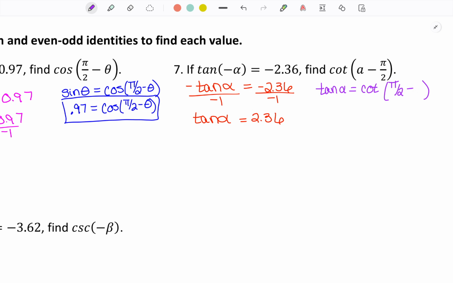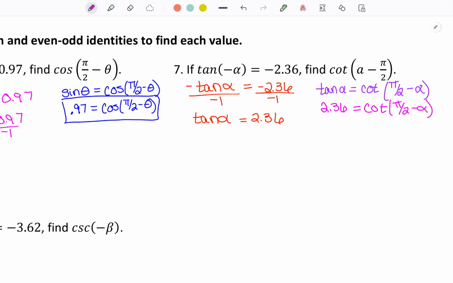Now, this actually needs to be alpha. But if you notice what we're asked to find and what our identity looks like, we have some sign issues to deal with. I'm going to go ahead and substitute. So that 2.36 can go in for tangent alpha, and that's going to equal the cotangent of pi over 2 minus alpha.